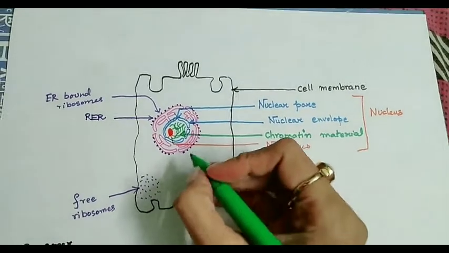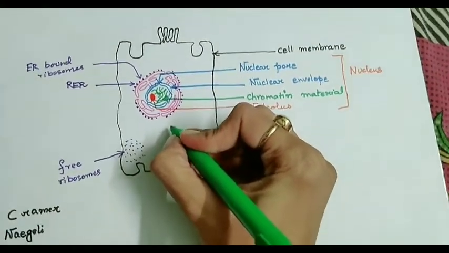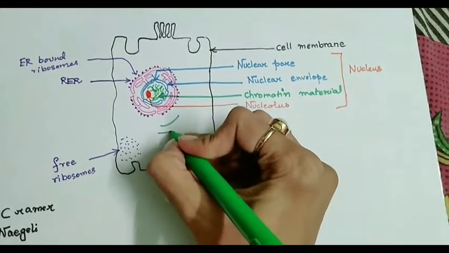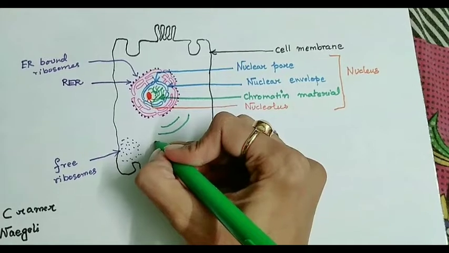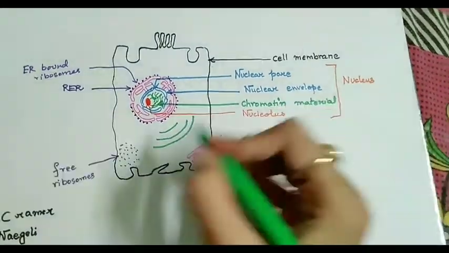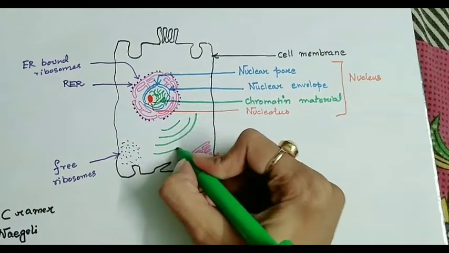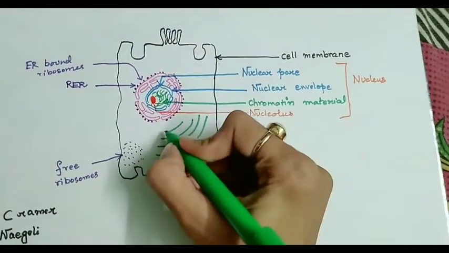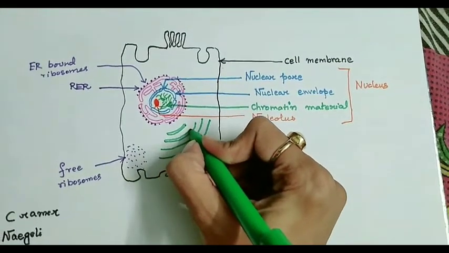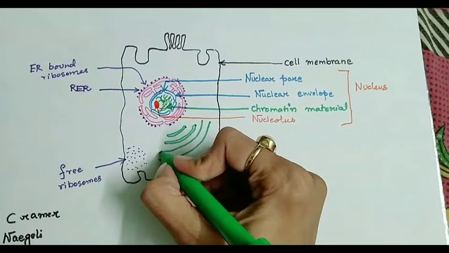Now let me draw the Golgi apparatus, one of the important organelles in the cell. You have to draw in this way, smaller to larger one. This is also a double membrane, and the other name of Golgi apparatus is Golgi body, or we can also say Golgi complex, or dictyosome.